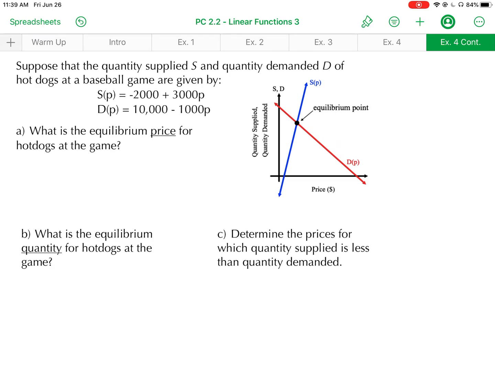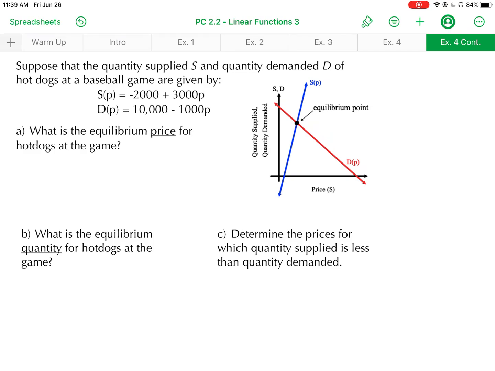So S of P is equal to negative 2,000 plus 3,000 P, and D of P is equal to 10,000 minus 1,000 P. So P is the price per hot dog, and then S of P and D of P would represent quantities, okay? The quantity supplied, the quantity demanded.